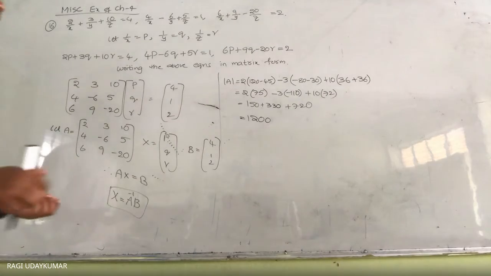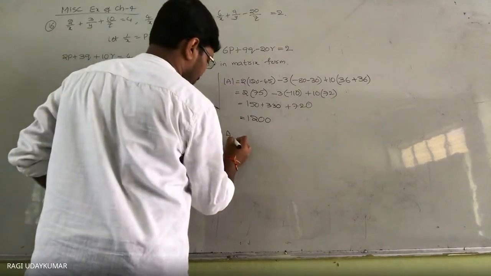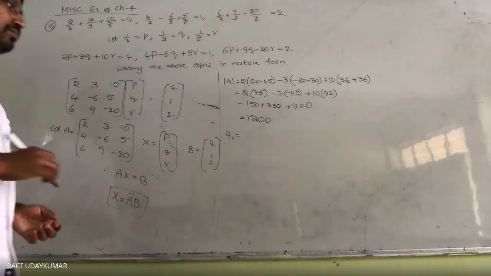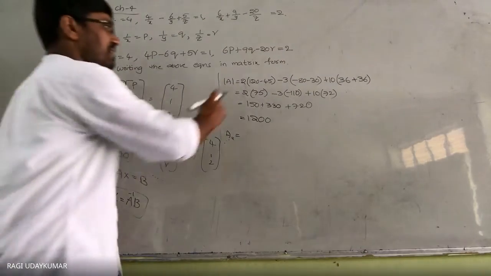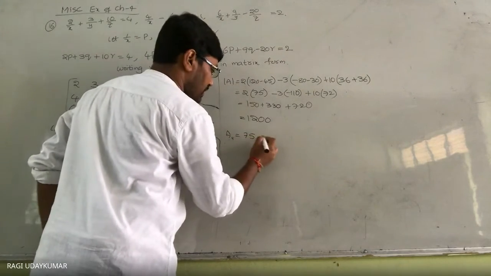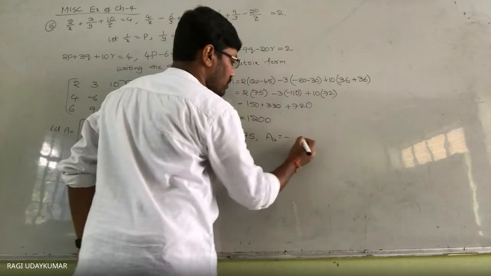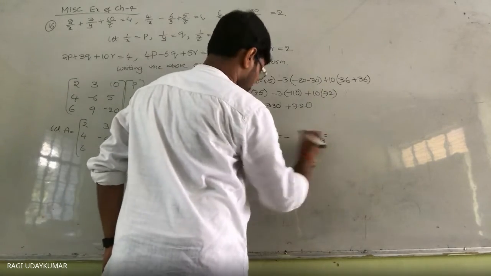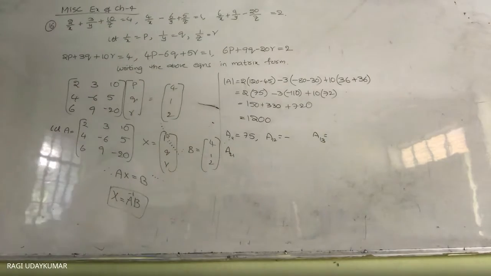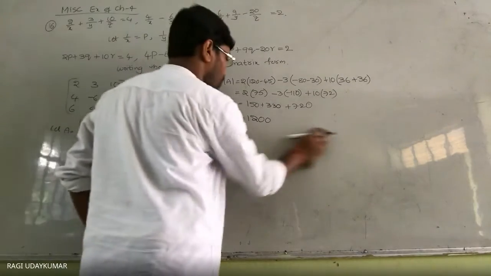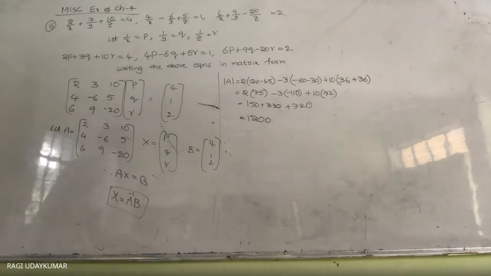Like this, you find out the cofactors. A11 find out. A11 already along first row expand कर लिया. A11 is 75. A12 minus तो आएगा. A13, A21. Otherwise, you can write it directly. Adjoint matrix. Why do we go for writing all A11?